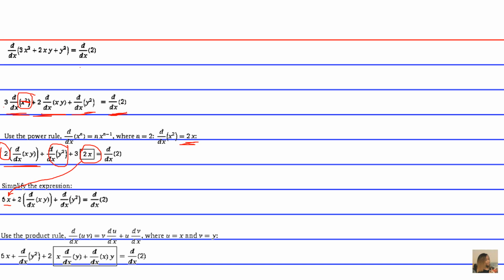So we're going to allow u to be equivalent to x and v to be equivalent to y. Therefore, we get 6x plus d/dx of y squared plus 2 times x d/dx of y plus d/dx of x times y is equivalent to d/dx of 2.